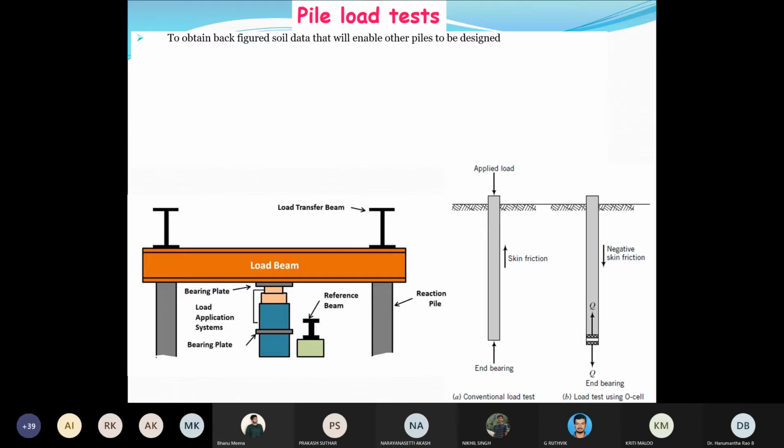So the objectives of any field load test are given here. First of all, to obtain the back-figured soil data that will enable other piles to be designed. If you recall, when we calculated the pile load, we used different friction factors and different soil parameters, which include cohesion, angle of internal friction, adhesion, and effective stress, and so on. Now, how do you confirm that the soil data used for the pile capacity calculation is right or not?